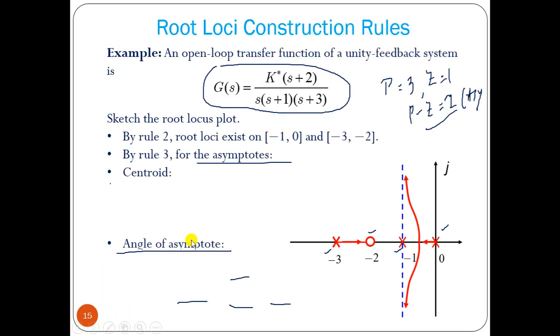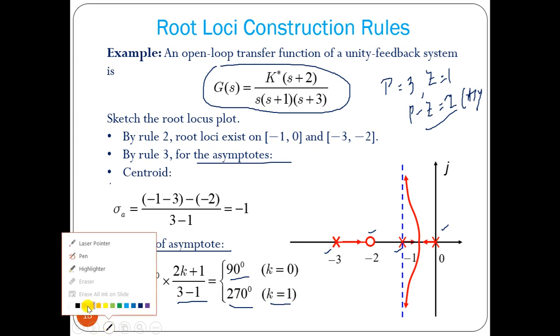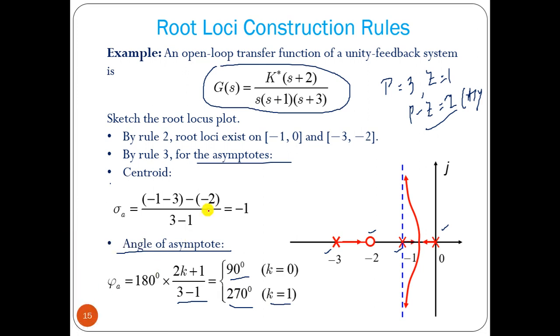That is a very simple formula to find out the centroid value. That is the summation of pole values -1 -3 minus the summation of zero values -2, divided by p minus z, so it will be -1. So at -1, okay, that is your centroid.